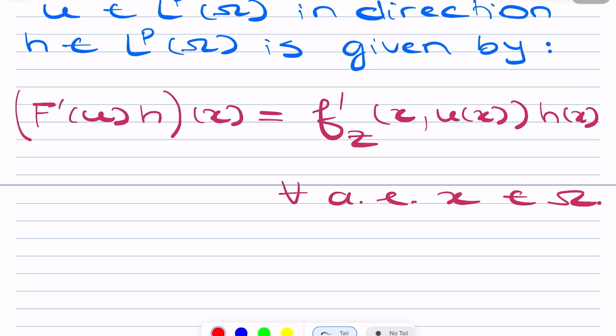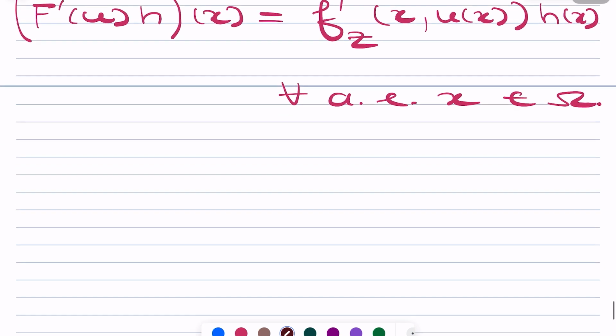Okay, so let's go into the proof, which is not so difficult. So proof.